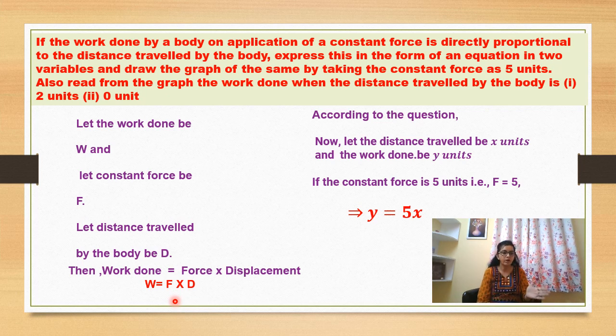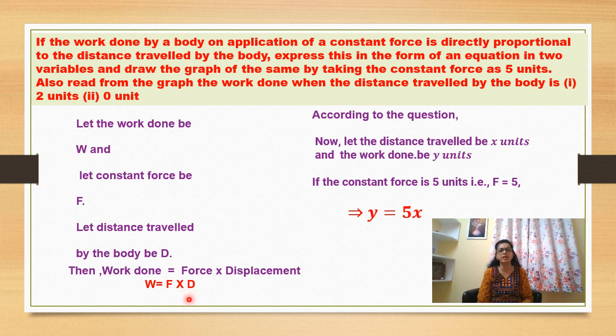These are the consequences of force. So force and distance traveled go together. Only if the distance is traveled can we say that work is done. If the displacement doesn't take place, then we cannot say that work is done. So work done is equal to force into distance, or work done is the product of force and distance.